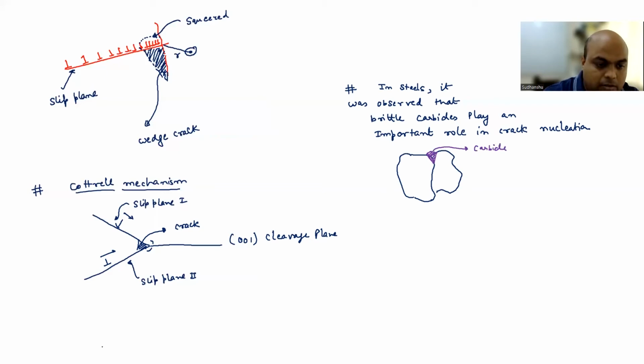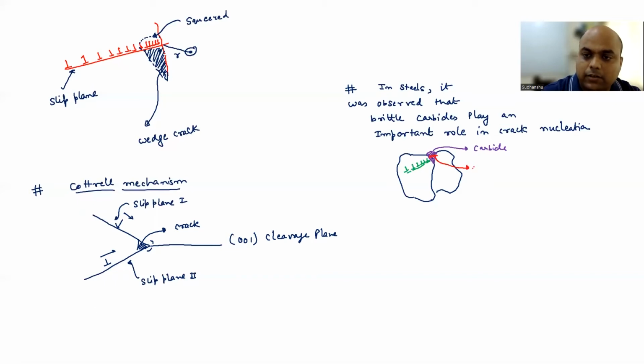Now inside the grains you are going to have pile up of dislocations. So say something like this, locally. Now, because of this pile up, you are going to have a sufficiently high amount of stress that will lead to the fracture of this carbide particle.